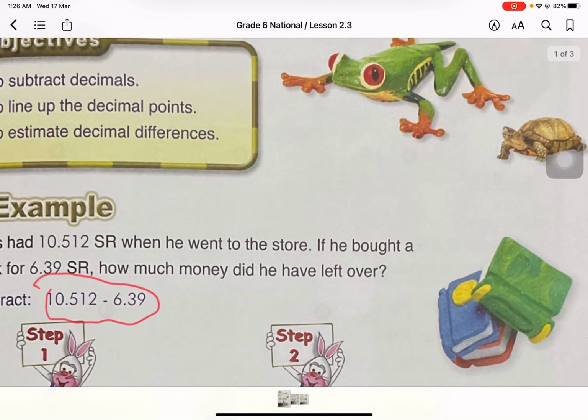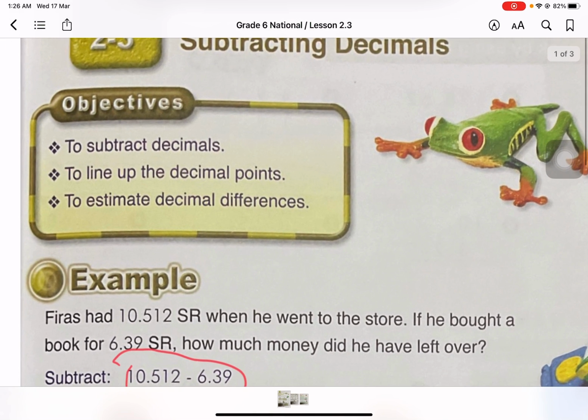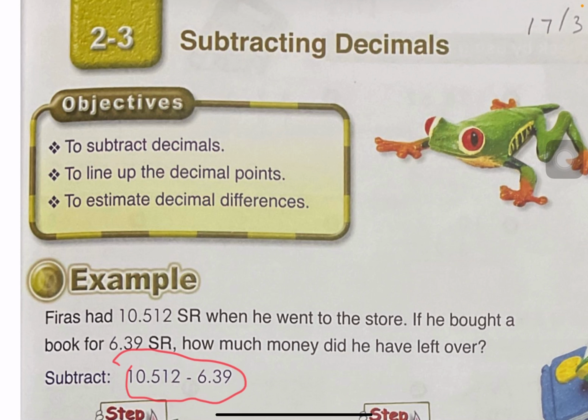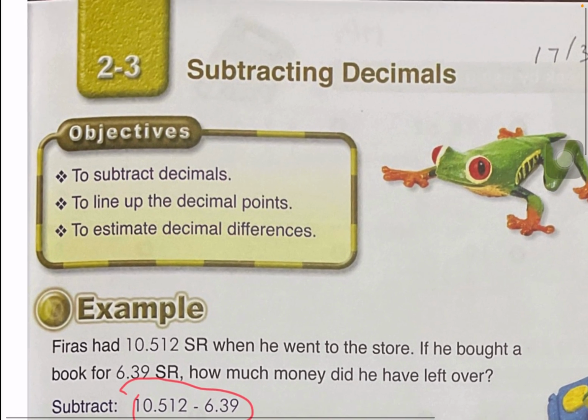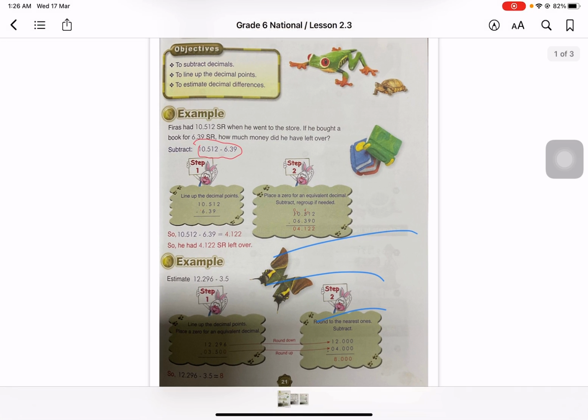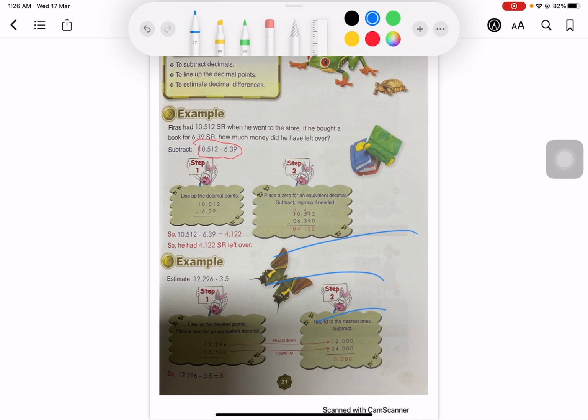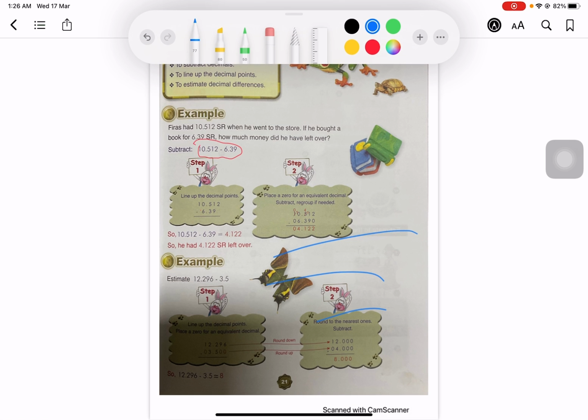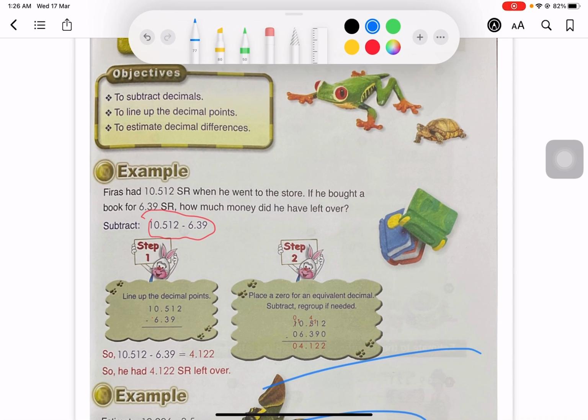I said in this lesson we have 3 objectives: to subtract decimals, to line up the decimal points, which means put the decimal under the decimal, then digits on this side and digits on this side.